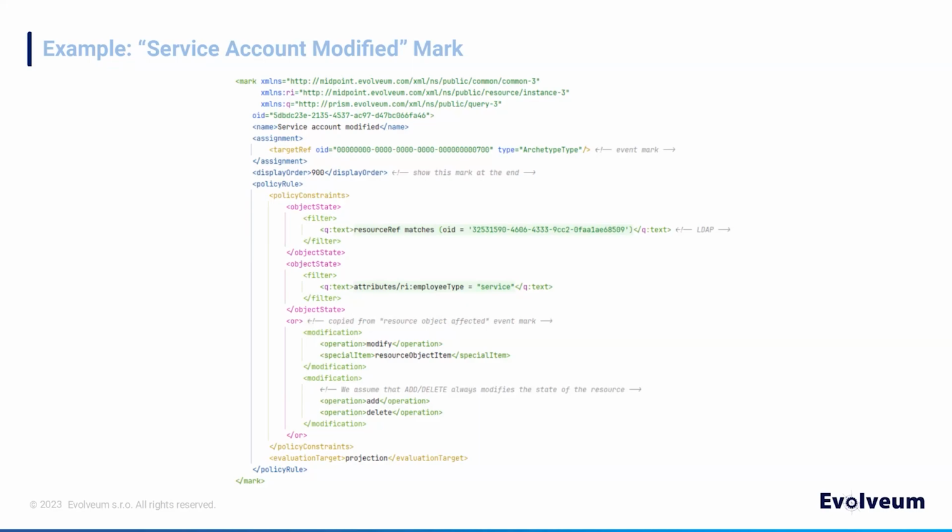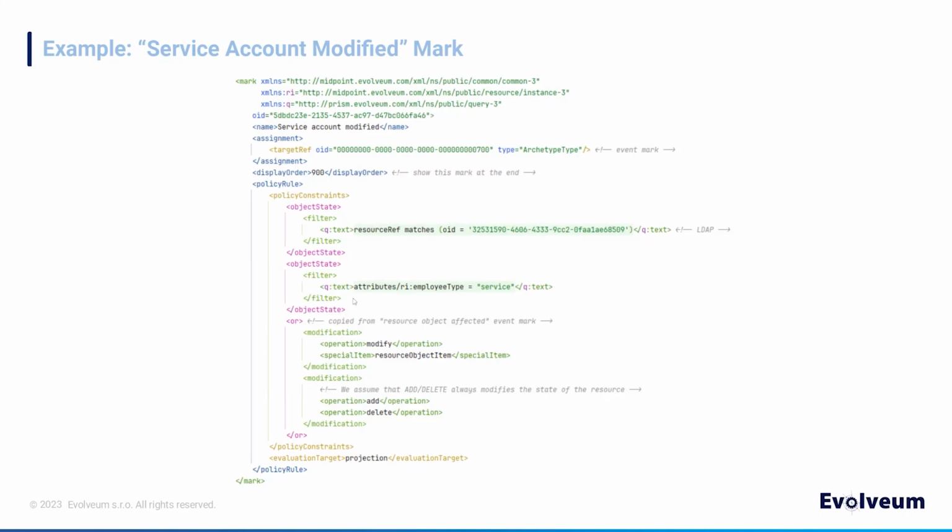So we define the resource first, because each resource has a different schema. Then we can limit the objects, for instance, based on attributes. We can imagine that the service accounts can be somehow distinguished, for example, by the value of the attribute employee type.